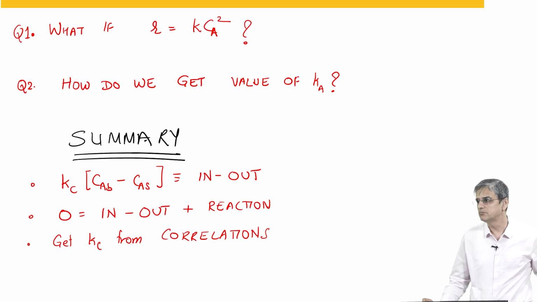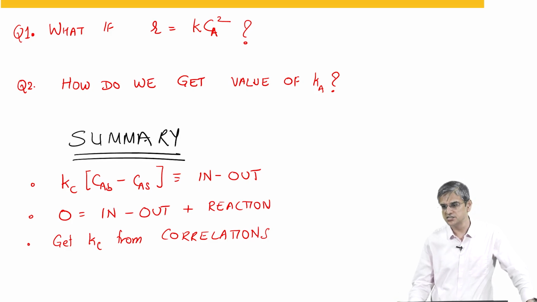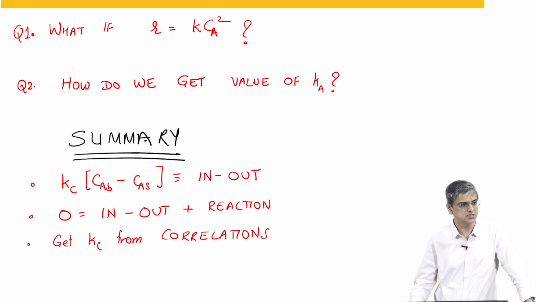That is essentially your balance. Keep in mind the balance is not on moles per unit volume per unit time or moles per unit mass per unit time; it is in terms of moles per unit time. So if the rate of reaction is given per square meter of surface area, you have to multiply it by the area. If it is given per meter cube of reactor, you have to multiply it with the volume of reactor.